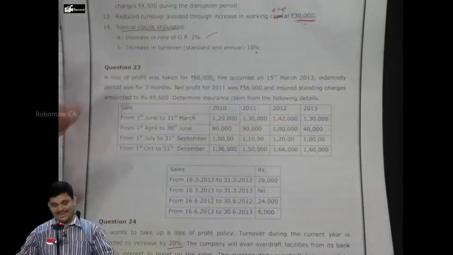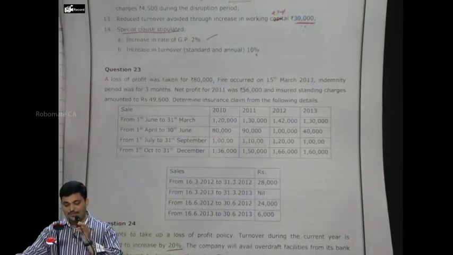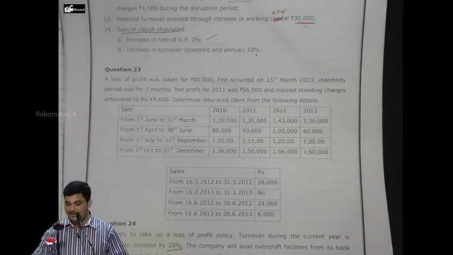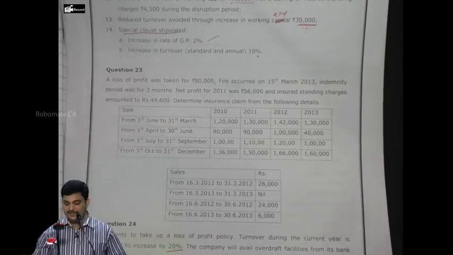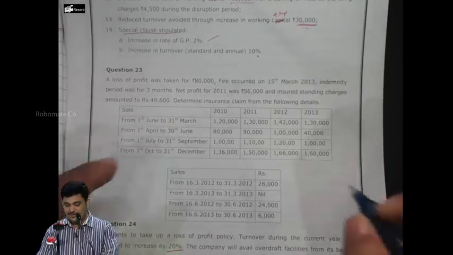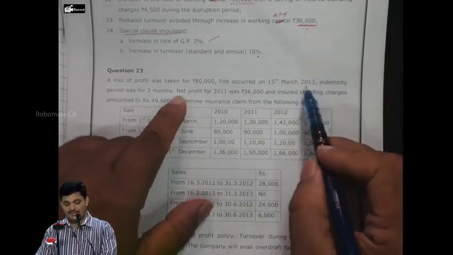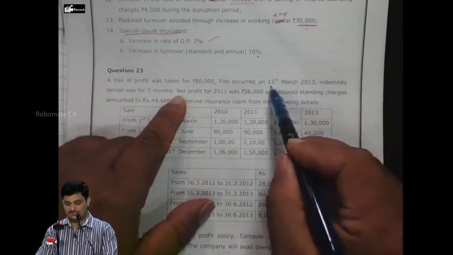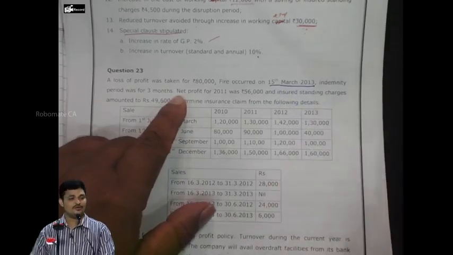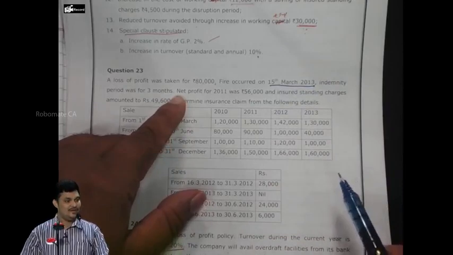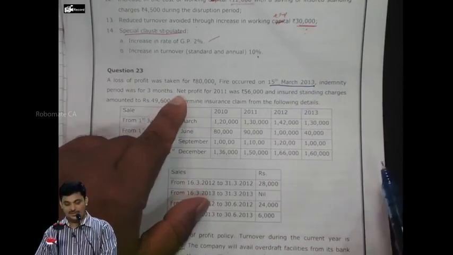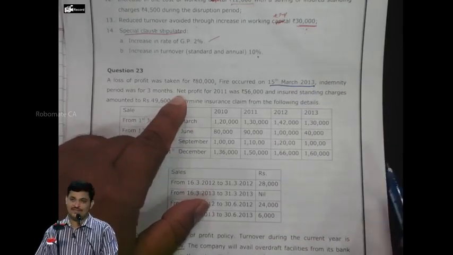Very good. A loss of profit policy was taken for rupees 80,000. Fire occurred on 15th March 2013. Indemnity period is 3 months. So which means it is from what date to what date? 15th March 2013 to 15th June 2013.